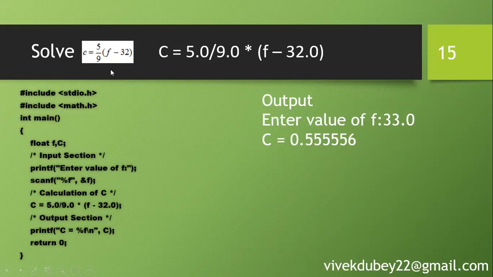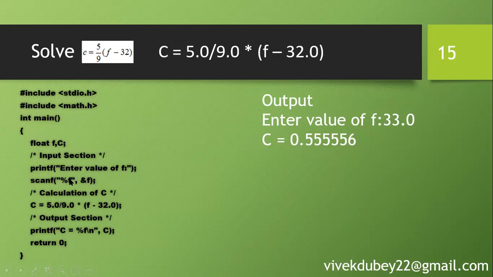It is 5 by 9. I am using all floats. Why? Because this division is there. So 5.0 by 9.0 multiplied by F minus 32. Now in this expression, this F is unknown, and this C has to be calculated. So in the input section, we will display a proper message like enter the value of F, and input this F by scanf.